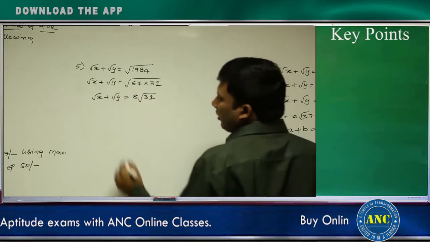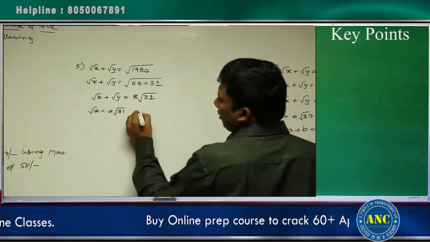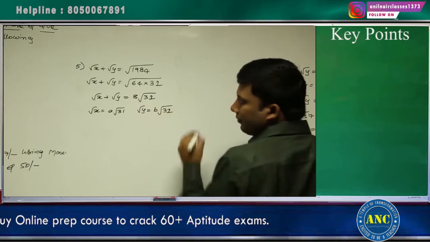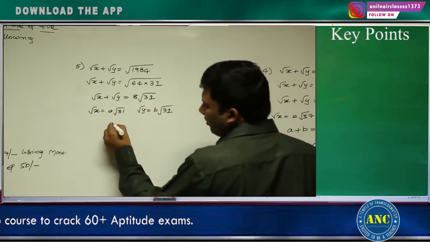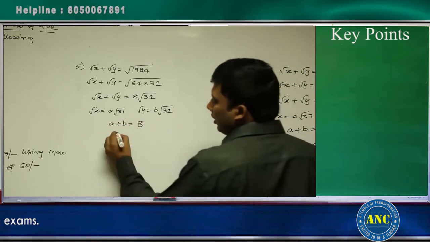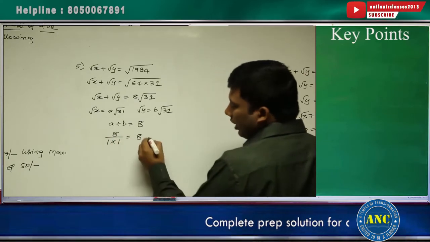So root x will be of the form a root 31, root y will be of the form b root 31. So a plus b equivalent to 8. A plus b equivalent to 8 means 8 by 1 into 1, 8 gaps.